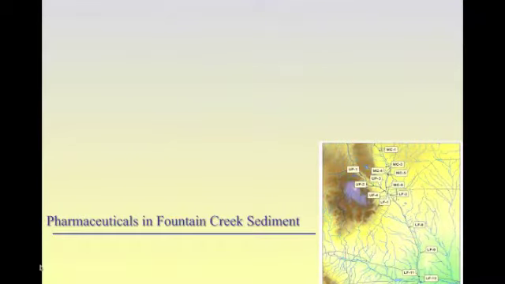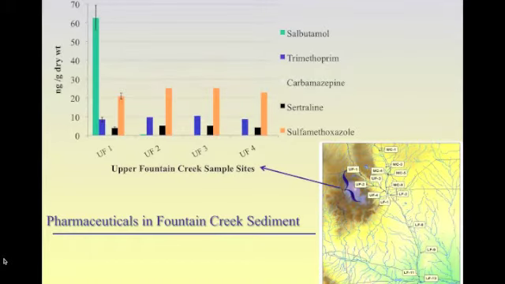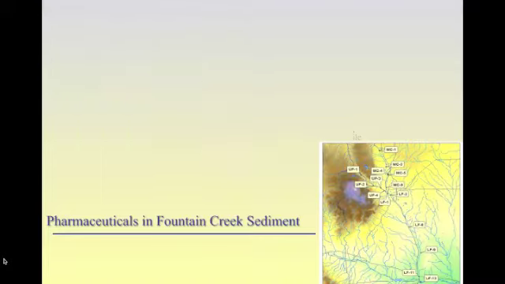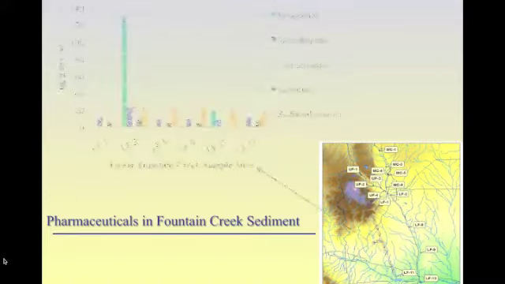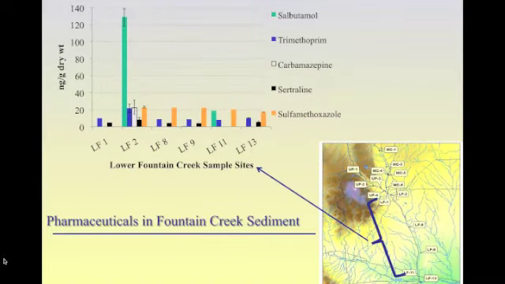We have some antibiotics, we have an antidepressant, an anti-epileptic drug among the list, as well as a pharmaceutical used in asthma treatment. And what we see in the upper fountain here is that all of them show up at least in one sample, and the two antibiotics and the antidepressant show up in all of the sediment samples that were collected in the upper fountain. We see very similar results when we look at Monument Creek.